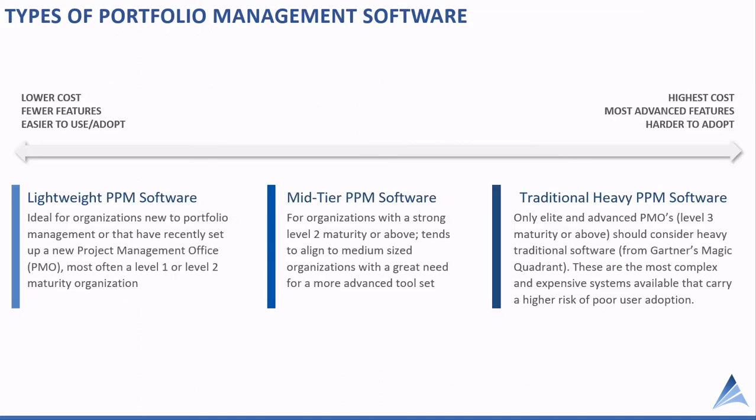We can also take a look at portfolio management software, and we'd highlight that there's probably 3 categories. And we've highlighted kind of a spectrum. Some solutions are lower cost with fewer features, but are easier to use and easier to adopt. And if you've seen our video on portfolio management software, the guide, then you would know that we strongly advocate usability.